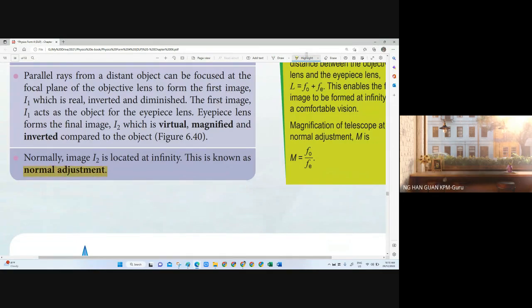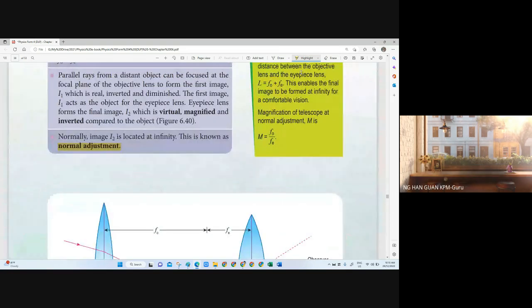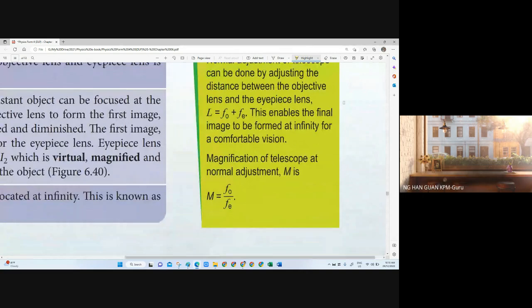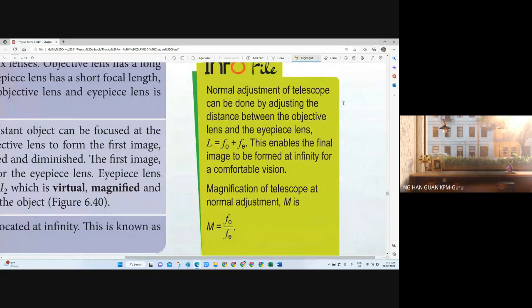Normal adjustment, which is given here. Normal adjustment for the telescope means that the length is equal to FO plus FE. This is very important.